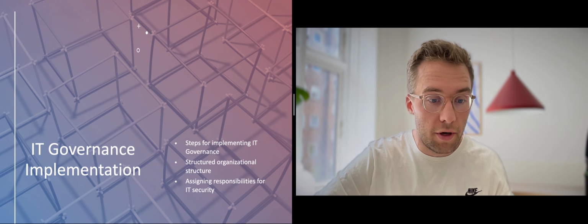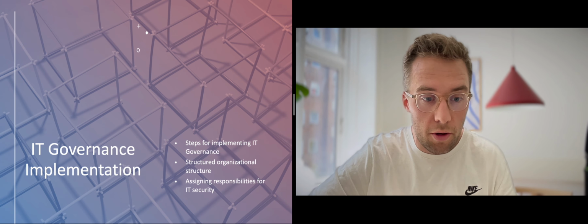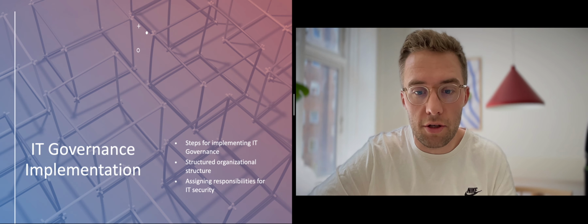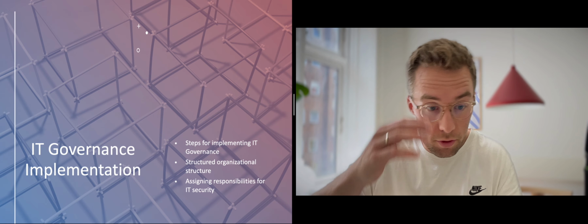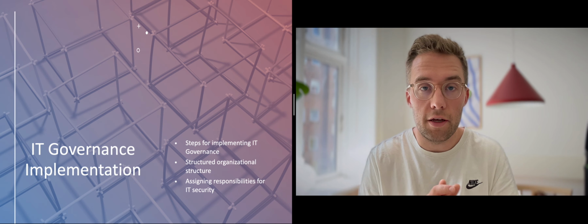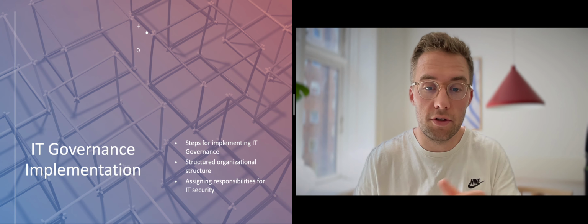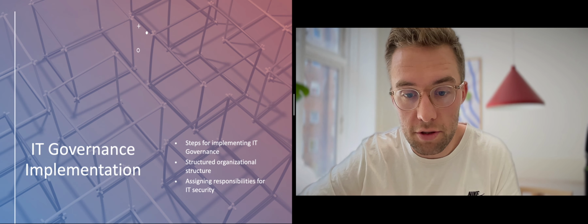When we need to implement IT governance in the organization, we have to take some steps and know where we're going to implement this. So we need to get an overview, and we need a structured way of going into this, and that can be done with a lot of different procedures.